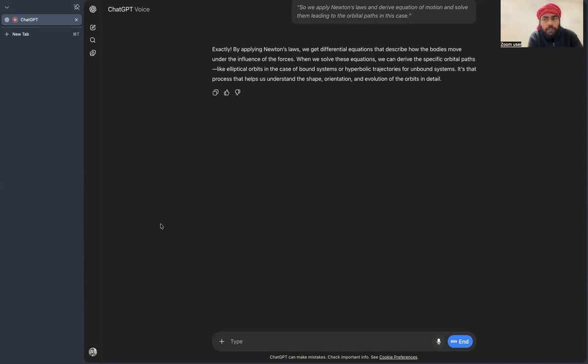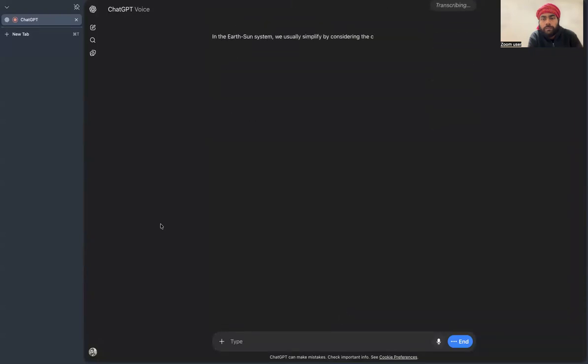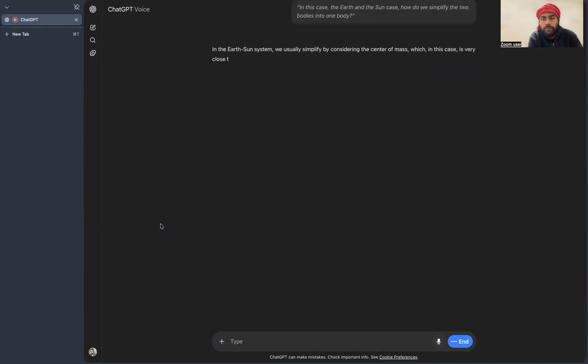In this case, the Earth and the Sun case, how do we simplify the two body into one body? In the Earth Sun system, we usually simplify by considering the center of mass, which in this case is very close to the center of the Sun because the Sun is so much more massive than the Earth.